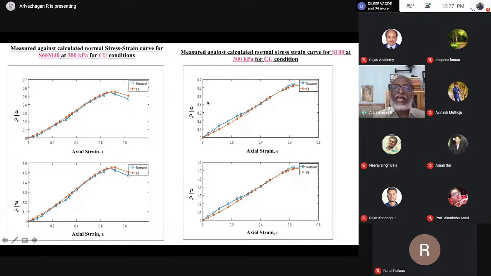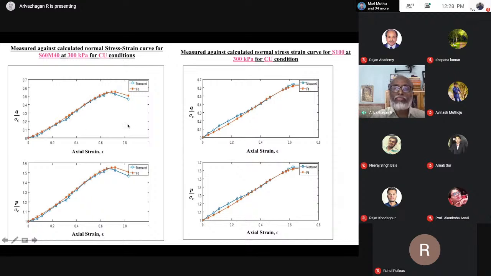From this we can easily understand that under consolidated undrained condition, the measured data and the calculated data more or less coincide with each other. So it is a very close fit. If you do the regression analysis, you can get 0.99 or 0.98. So from that I can validate my model. This model is a close fit for the consolidated undrained condition for these sand silt mixtures.